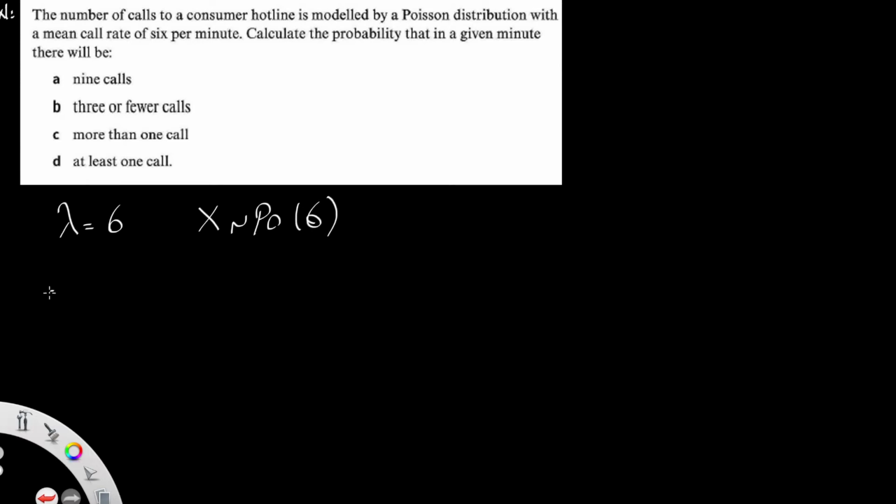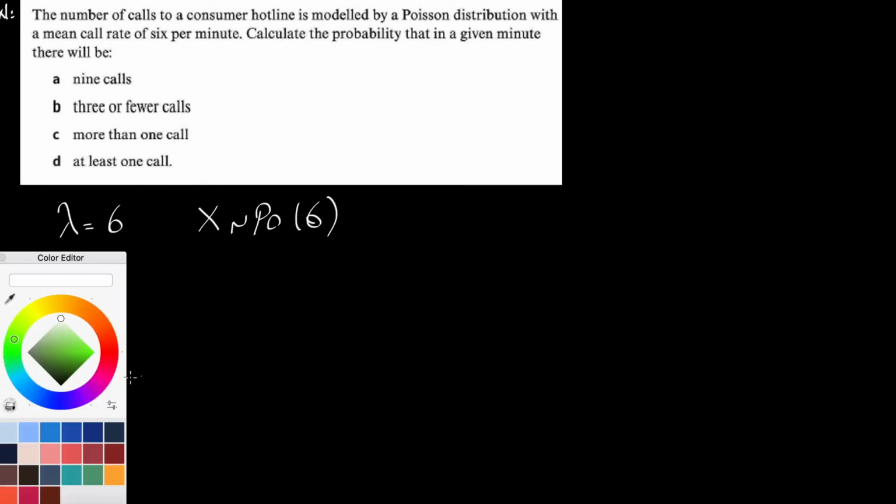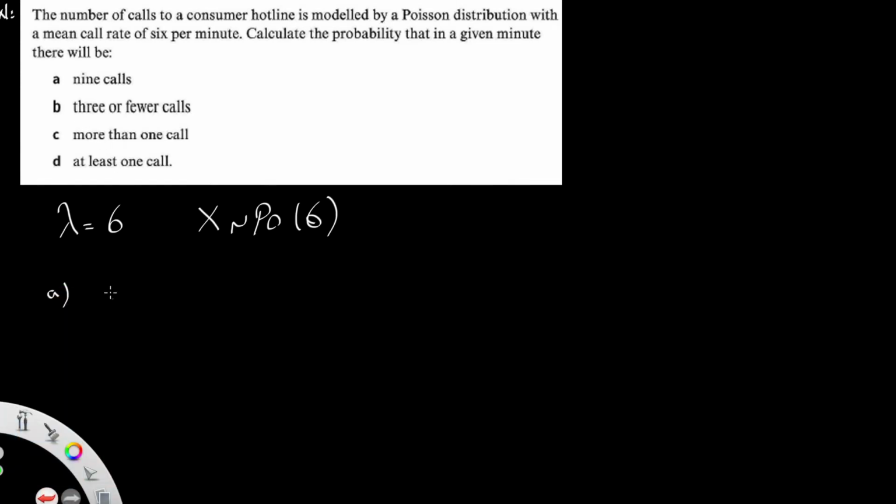Now the first part, A. It says 9 calls, so you are supposed to find the probability that X is equal to 9. We know that the probability that X is equal to r is e to the power of minus lambda, lambda to the power of r over r factorial.